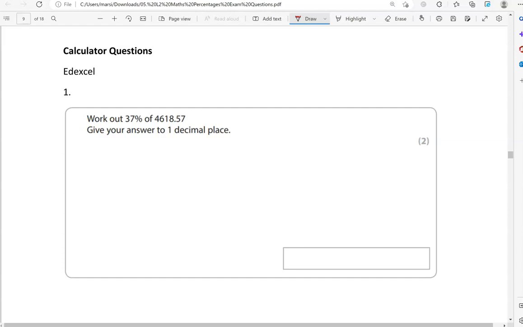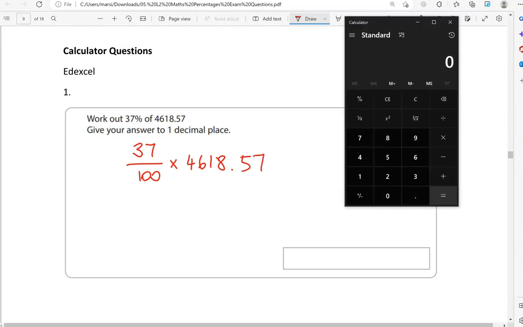So 37%, as the word suggests, that is 37 out of 100 of 4,618.57. So if we do in the calculator 37 divided by 100, because fraction line means division, as you know, and of is always multiplication.